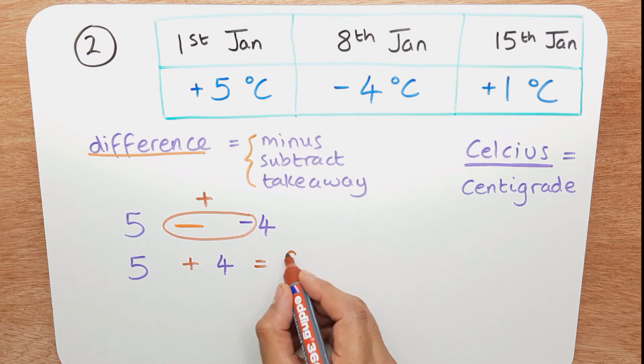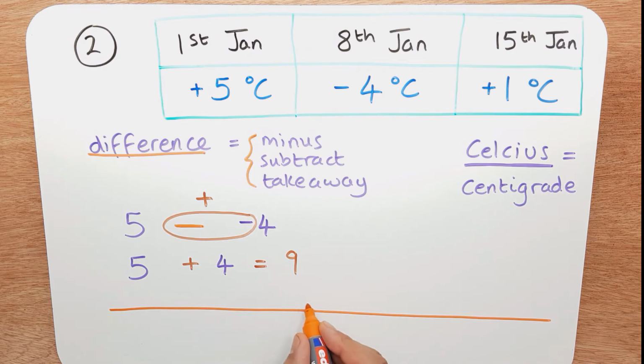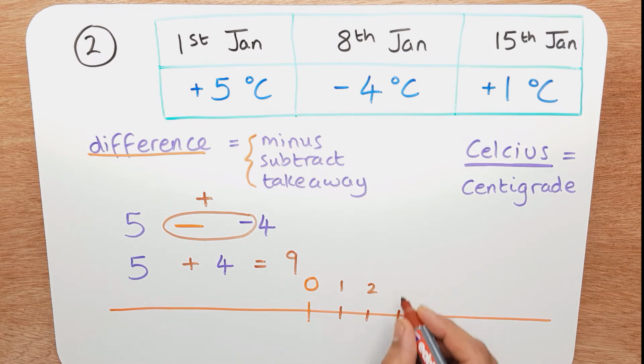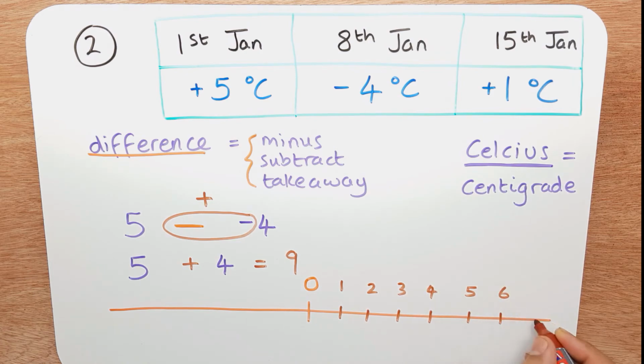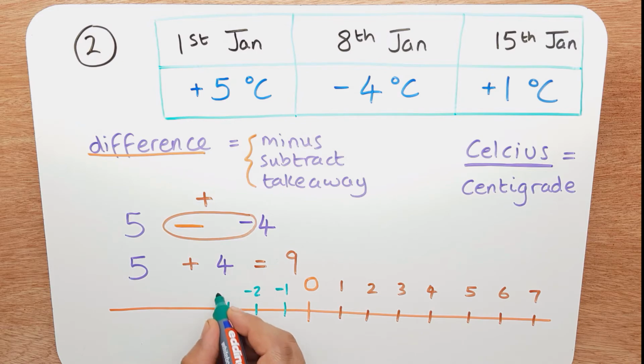And that equals 9. So let me draw it along here on a number line so we can see. If I put 0 here, 1, 2, 3, 4, 5, 6, 7, and so on. And on this side, we have -1, -2, and so on.